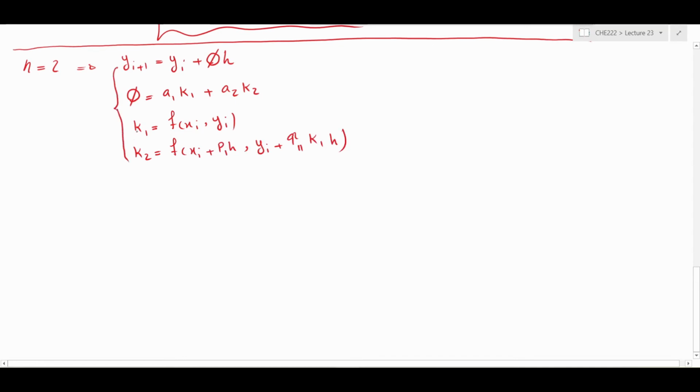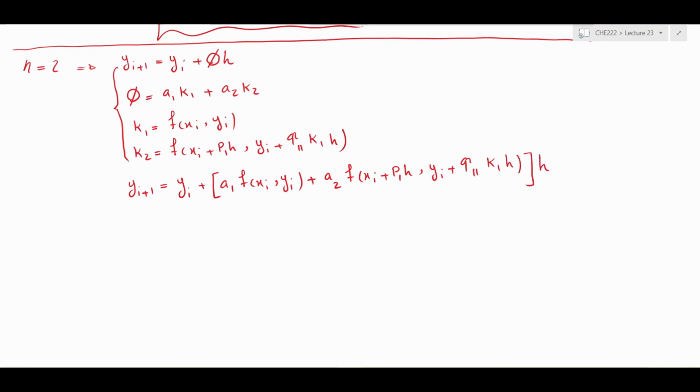Now if I substitute k1 and k2 in phi and then substitute phi in the equation for yi plus 1, then I get the new equation for yi plus 1, and the unknowns of this equation are a1, a2, p1, and q11.